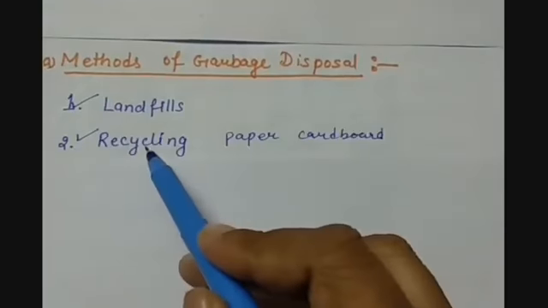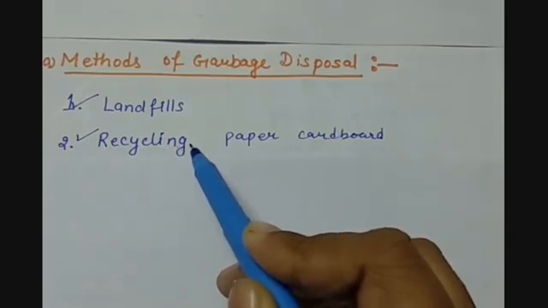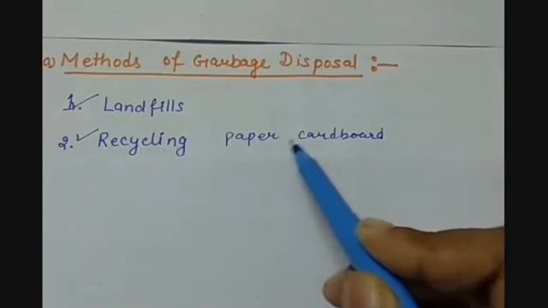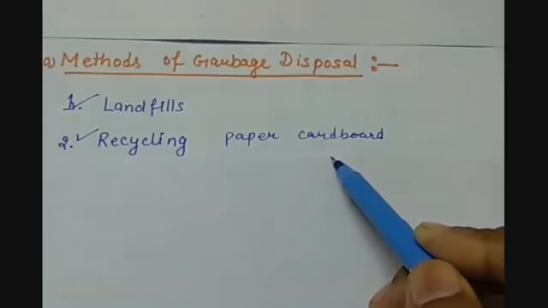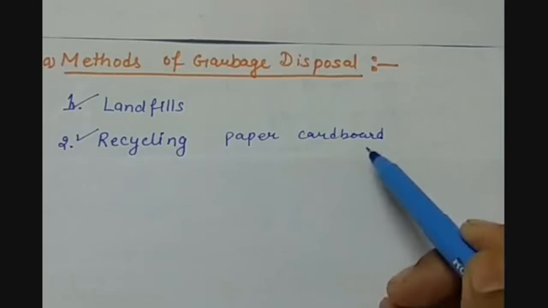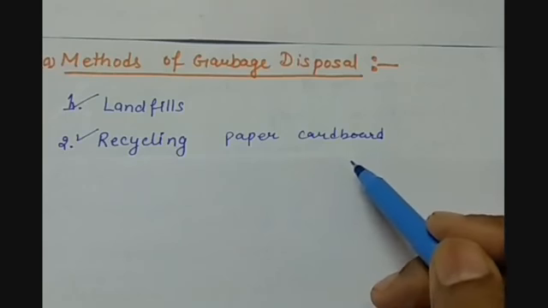Second is recycling. Recycling is the process of collecting and converting waste materials into new products. For example, paper, cardboard, metals and plastic materials can be recycled. So waste materials are first collected, then sorted, cleaned and finally processed for new product formation.